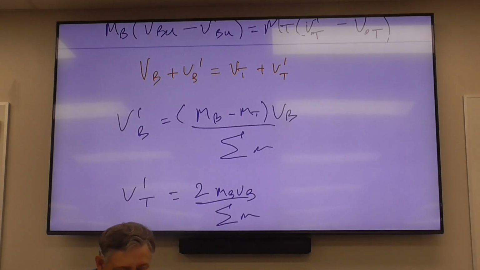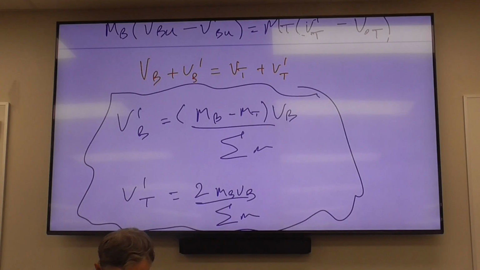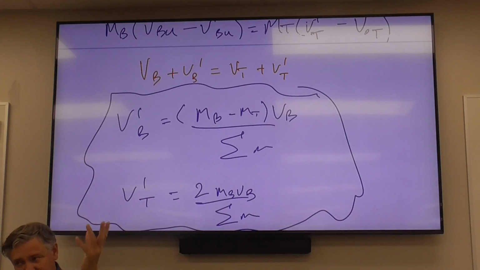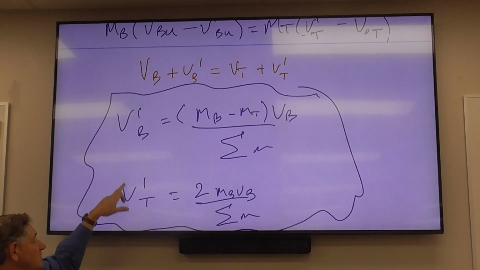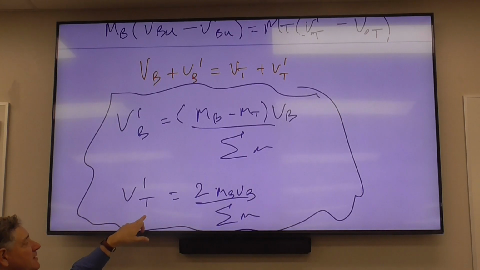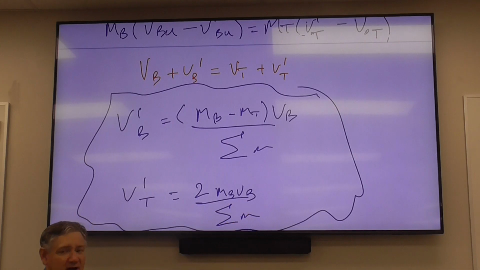Okay. This is the heart and soul of where you end up. Now, let's look at the mathematical ramifications of this, okay? So this is the new velocity of the bullet, this is the new velocity of the target. So let's start with this. This is the mass of the bullet times the velocity of the bullet. What do you get when you take the mass of the bullet times the velocity of the bullet?